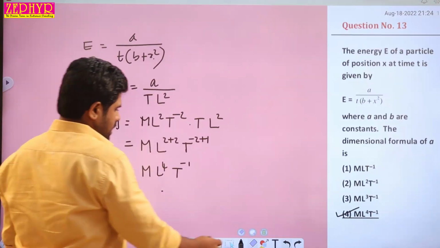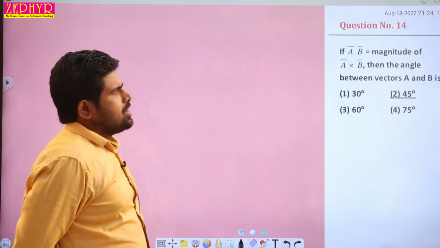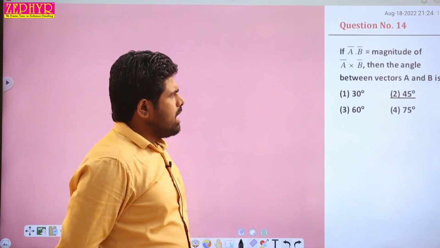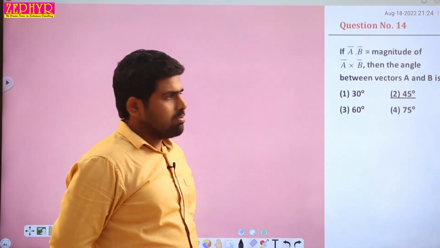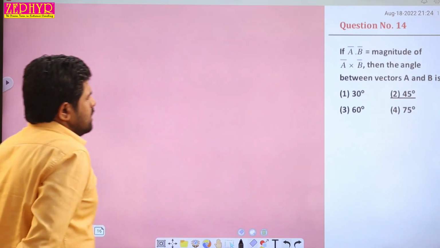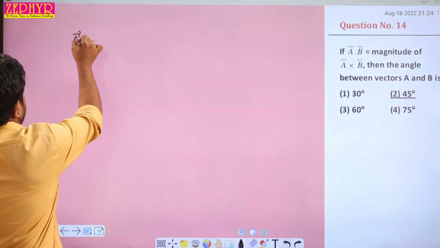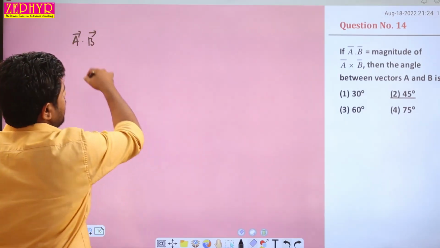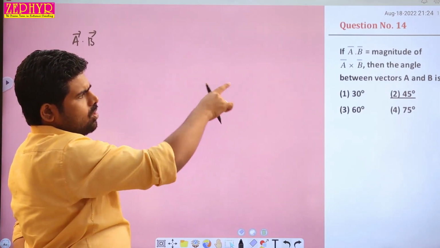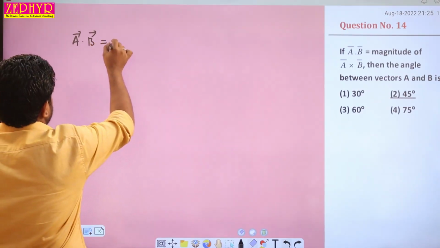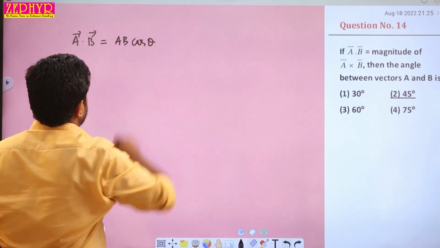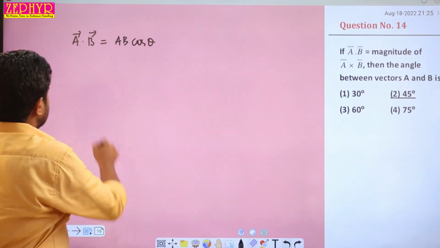Okay, then next one, question number 14. If A vector dot B vector is equal to the magnitude of A vector cross B vector, then the angle between vectors A and B is? See, A vector dot B vector is equal to AB cos theta.